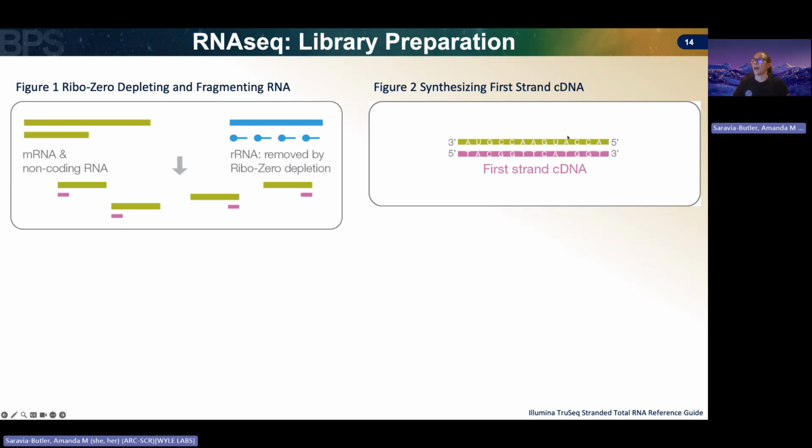And so we're going to go ahead now and synthesize our first strand. Remember, we are starting with messenger RNA. Short read sequencers like Illumina are only going to be sequencing DNA. And so we want to first convert our RNA into complementary DNA or cDNA.